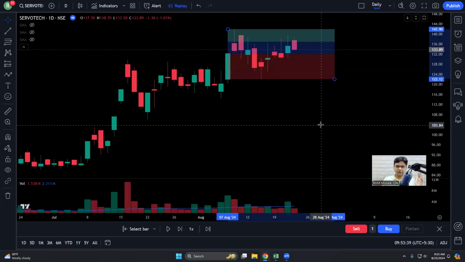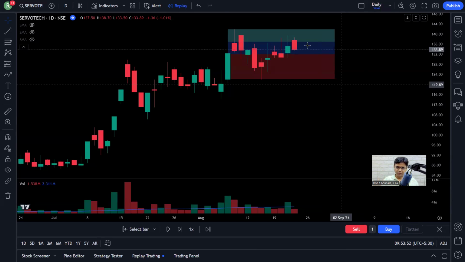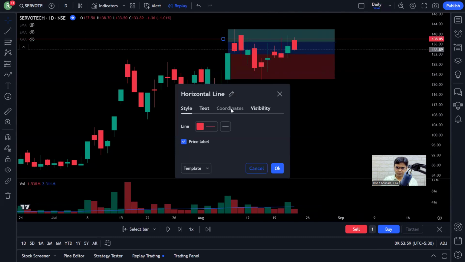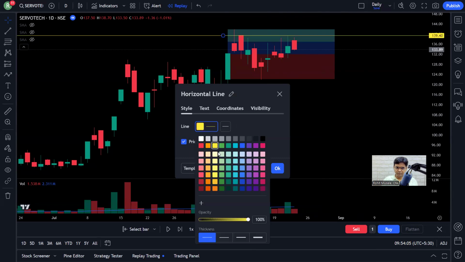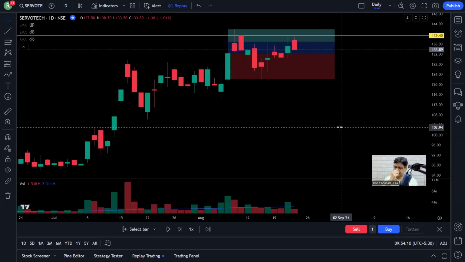So this is the chart. The chart itself tells me not to get involved in the stock. But for some reason, for example, if I have a realized gain and I want to risk some of that realized gain on this stock by keeping my order at the high of this candle, so 139.40, if I want to risk a little bit of my realized gain on this stock, then the chart looks okay.